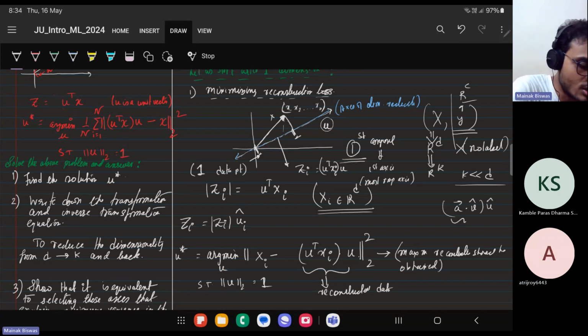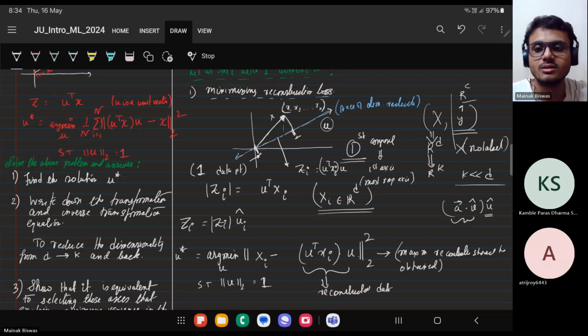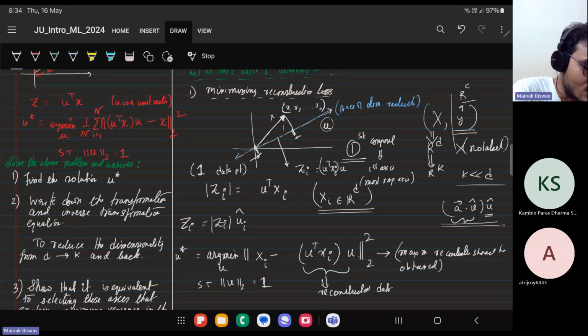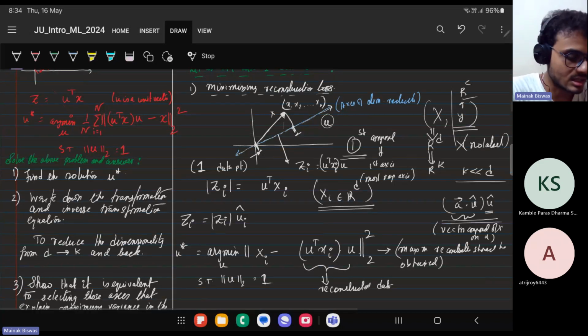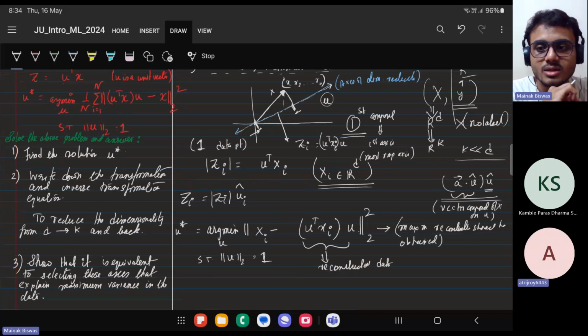This is the magnitude and this is the direction. This is the vector component of x on u. This is what we have done extensively in our projections, in our classes in linear algebra.